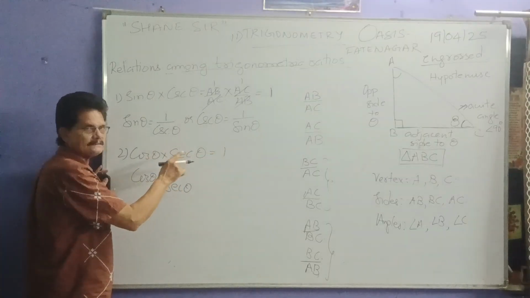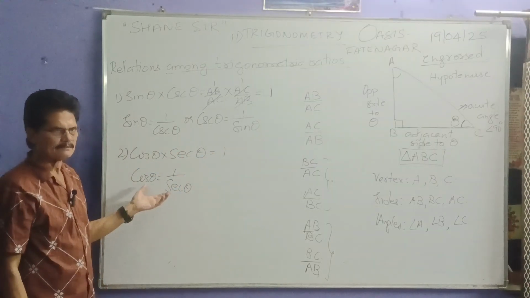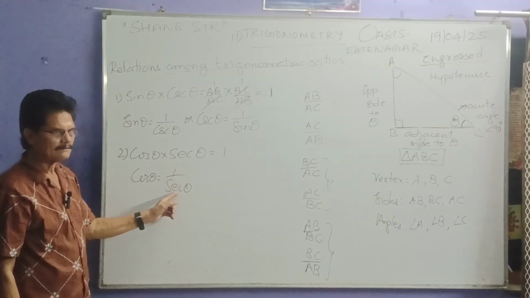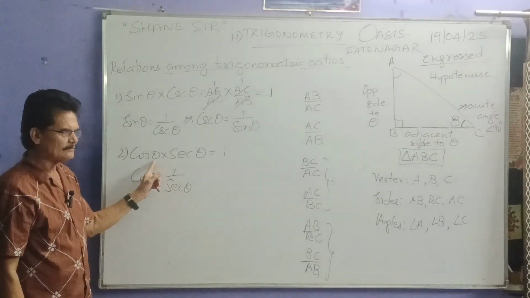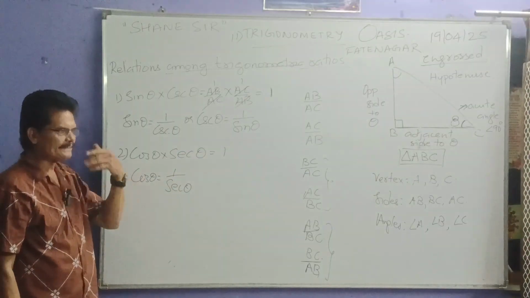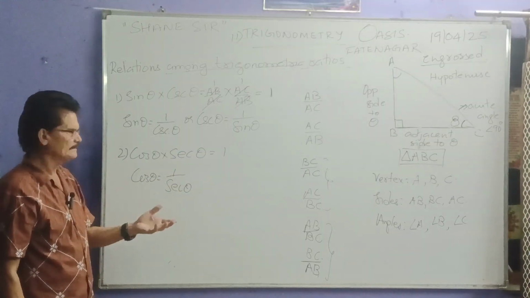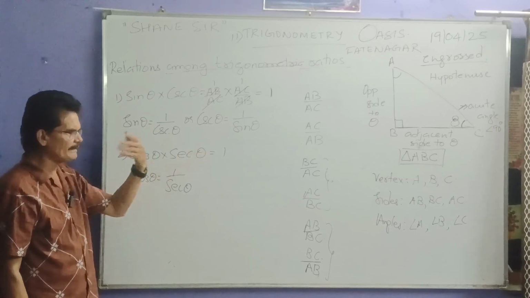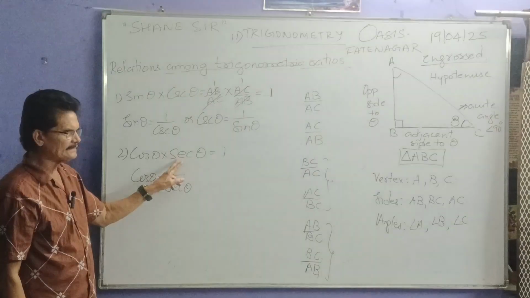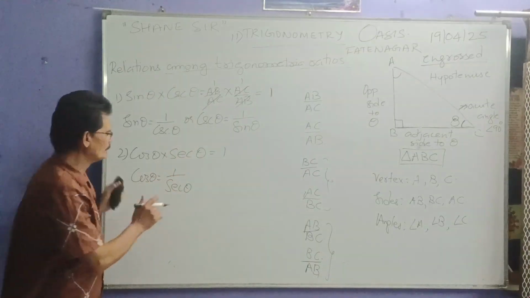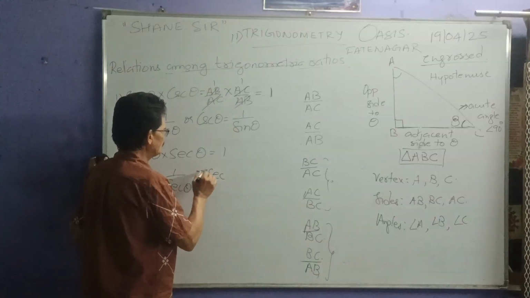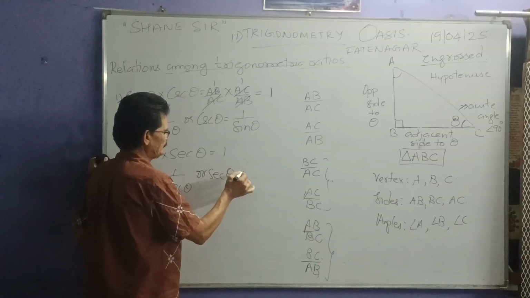So cos theta is 1 by sec theta, and sec theta is 1 by cos theta.